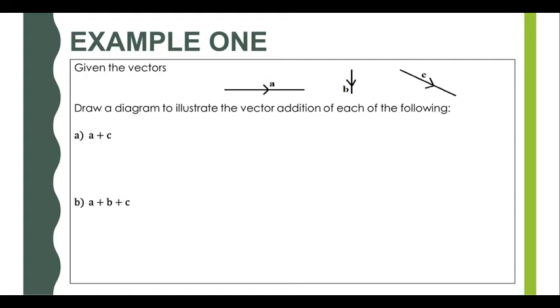For this question, we're given three vectors and asked to draw diagrams to illustrate the additions of the following. So for part A, we need to draw A plus C. Vector A is a straight horizontal line, and it's important to put the direction arrow on and label this as vector A. Vector C is on a slope, and again it's important that we label this as vector C and add its direction arrow.